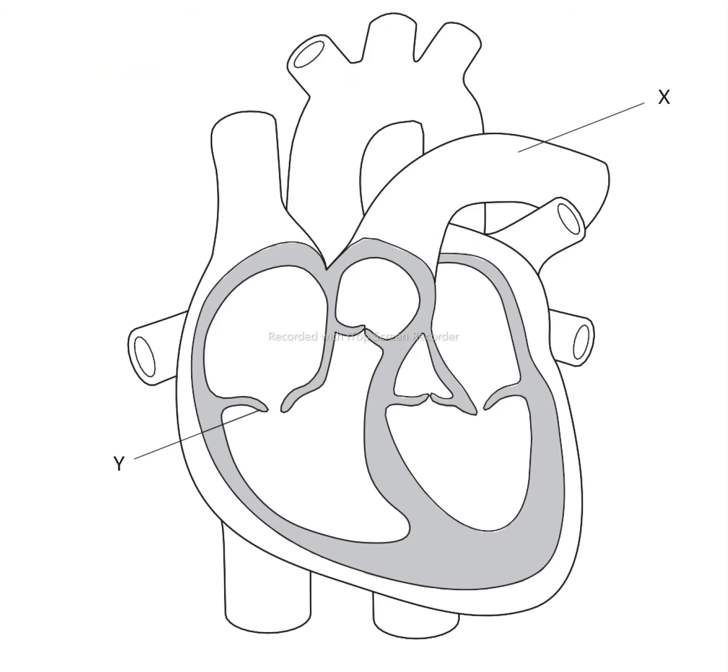So here's another example of how they might present it to you. Here's your first chamber. That's the right atrium. Here's your second chamber, right ventricle. The blood's going to go up here, out of there. So then it goes out of the pulmonary artery.